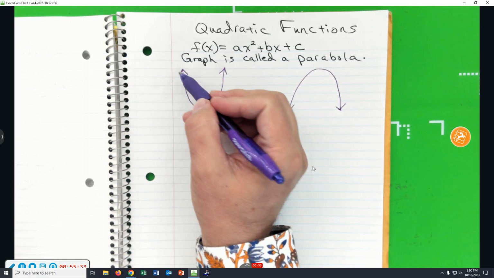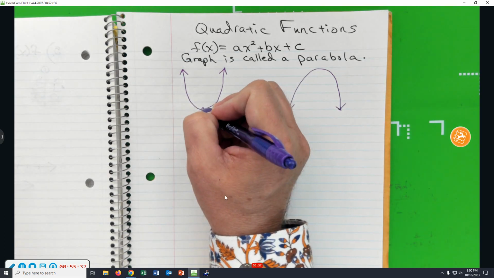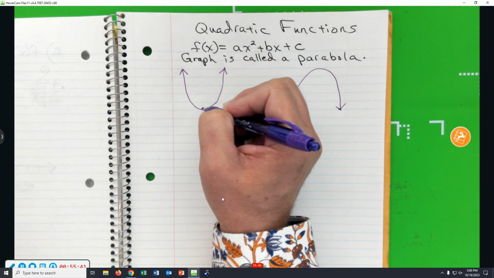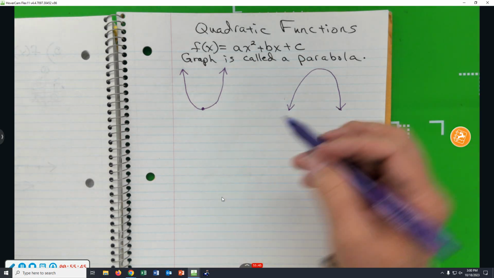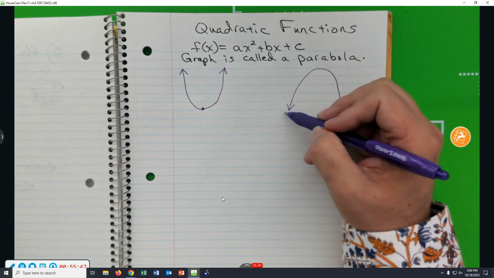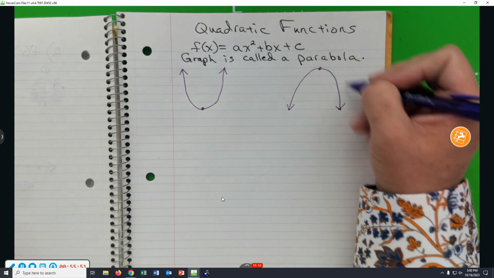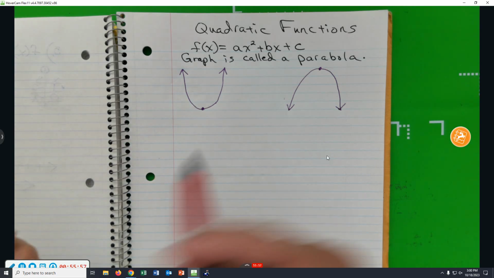If a parabola is opening upward, there is a low point at which the graph changes directions. It's falling, it hits that low point, and then it starts to go up. If it's opening downward, it goes up, it hits a high point, and then it starts to fall. The point where the graph changes directions is called the vertex.